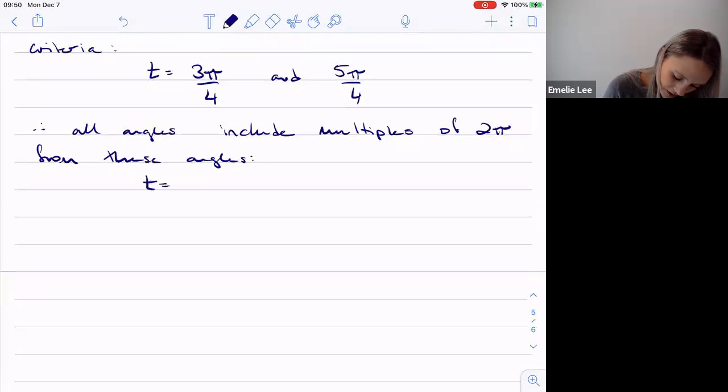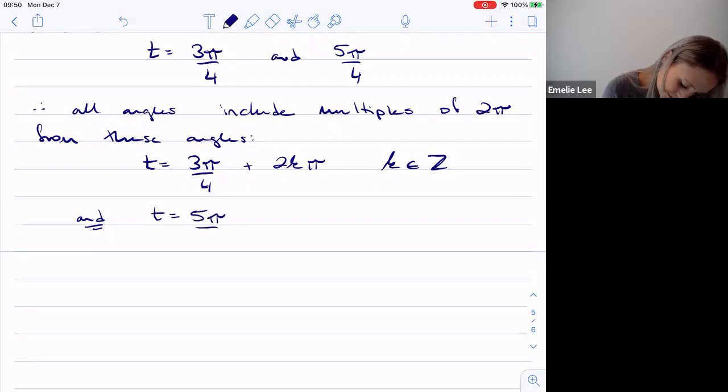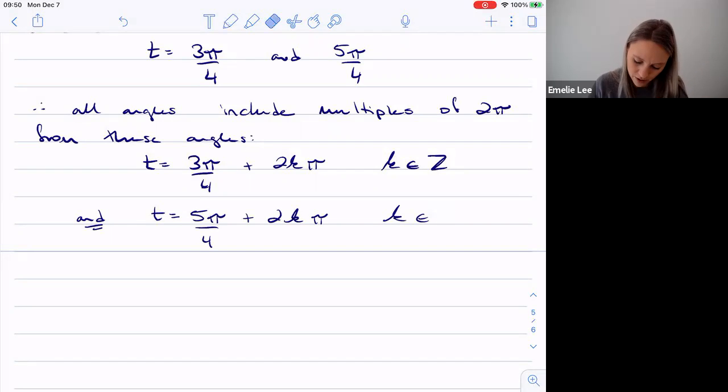So t must be 3 pi over 4 plus 2k pi, again, where k is in the set of integers, and t is in 5 pi over 4 plus 2k pi, again, where k is in the set of integers.